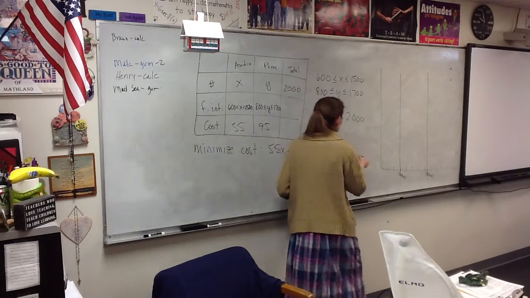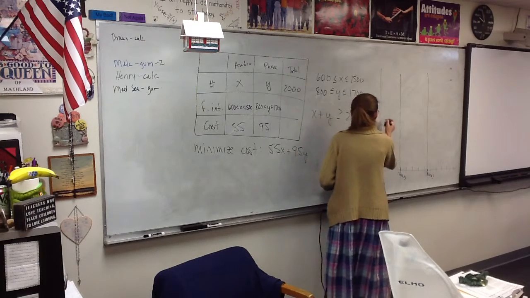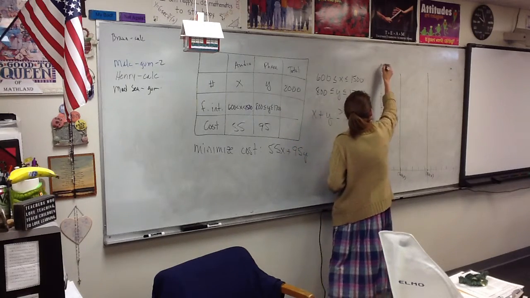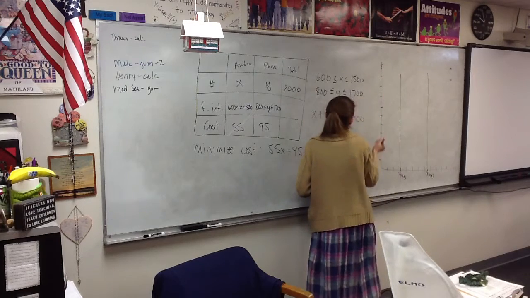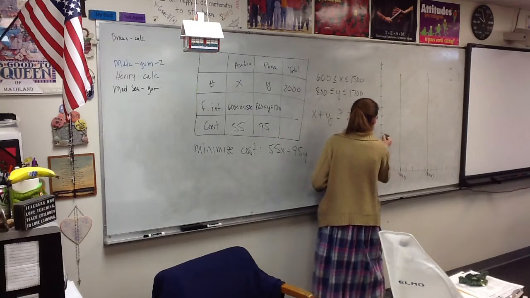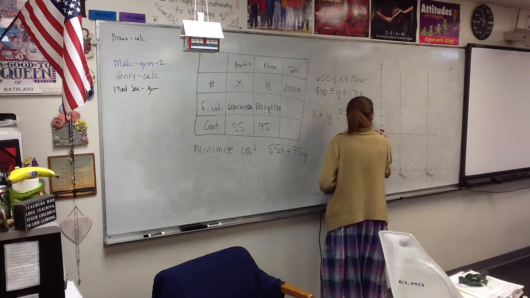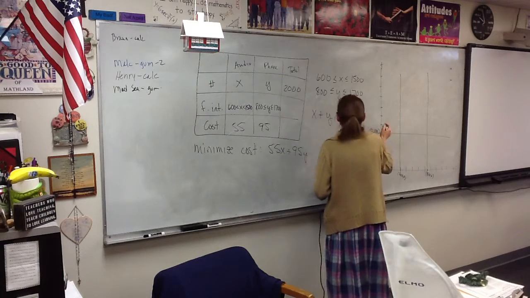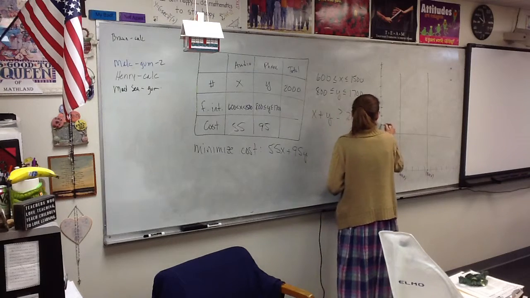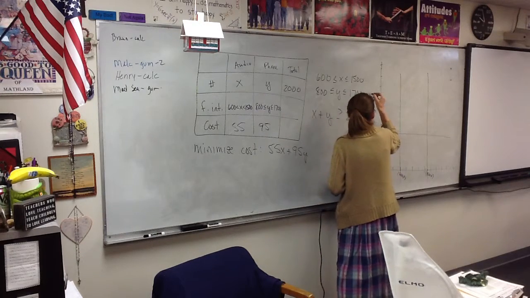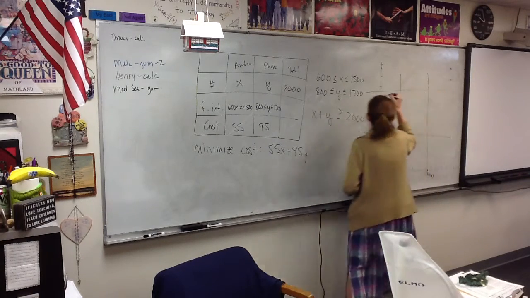Okay, and then for my Y's, I am between 800, here's 800. How much do you choose? And this is 8, 10, 12, 14, 16, here's 1,700.